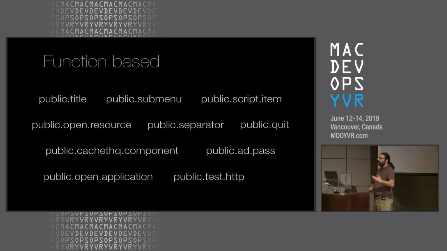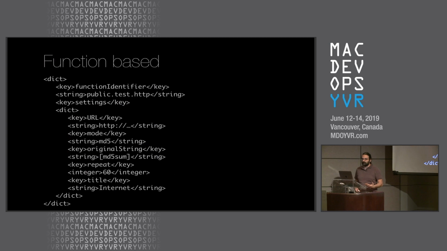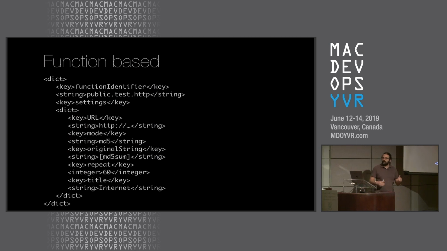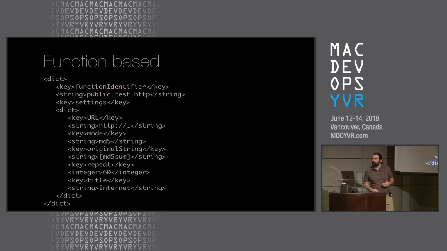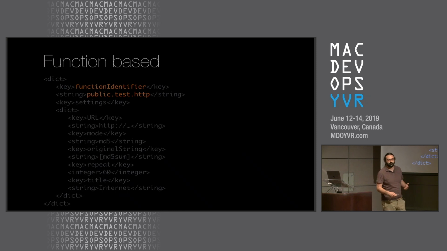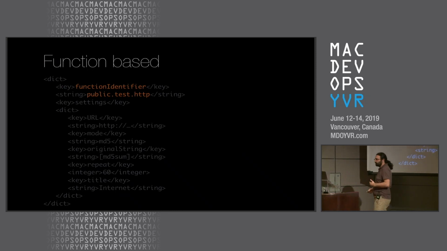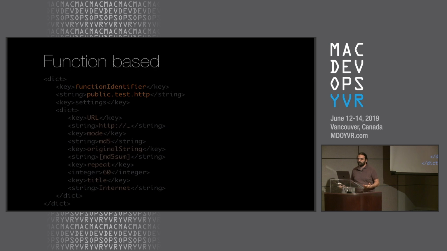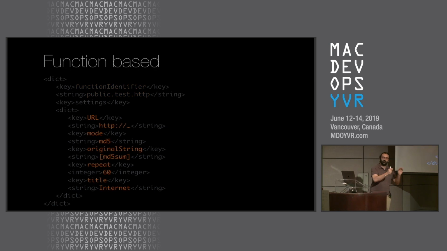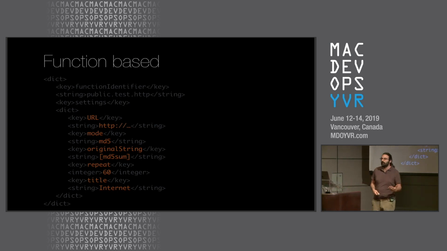So for example, in the initial array, you can have something like that: a dictionary specifying the function you want to load, and for this function specifically, the settings you want to associate with this specific instance. So if you have multiple instances of the test HTTP function, you will have different settings payloads.